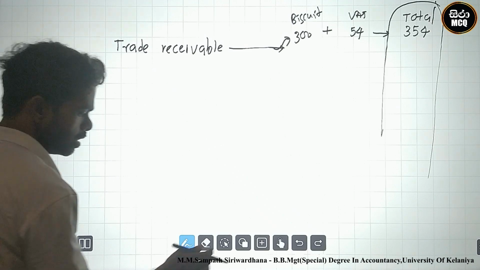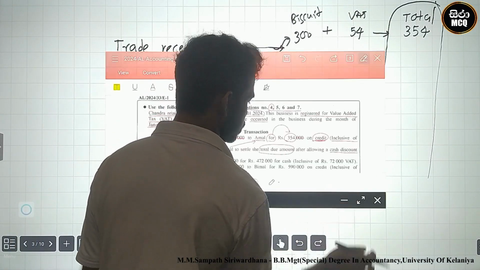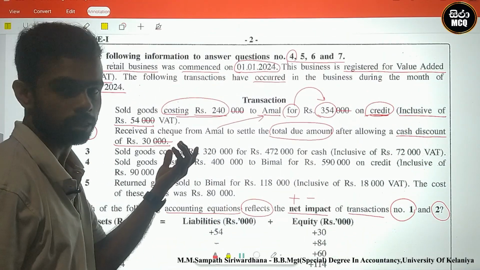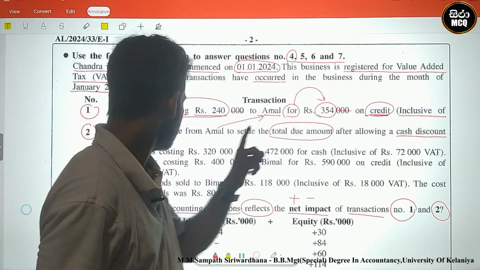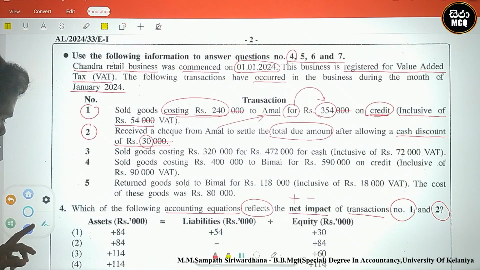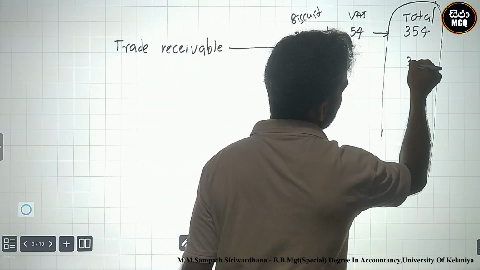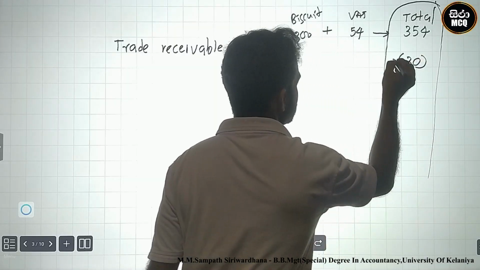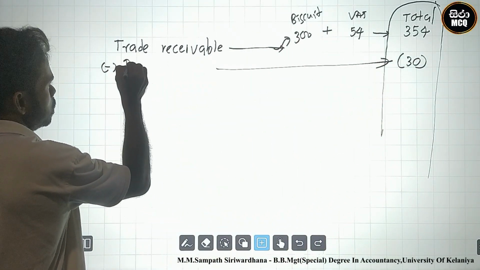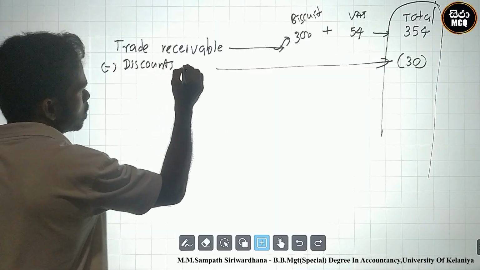At this time there is a discount allowed amount, cash discount. At the receivable time, this is the receivable amount. 30 is the discount. Deduct this 30 as discount allowed.